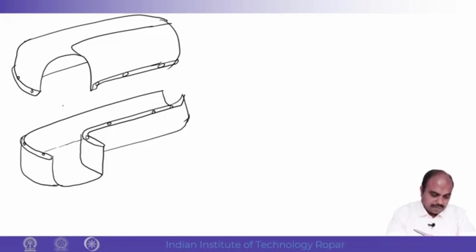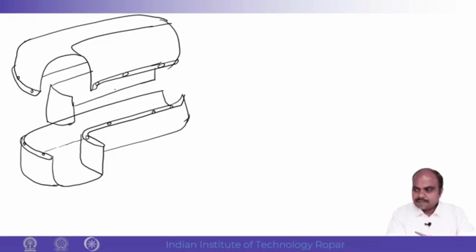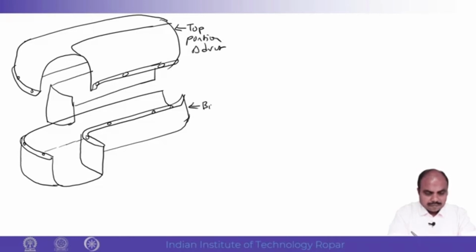Inside there is another component which is going to be like this, which is the separator. Duct, this is. So this is the top portion of the duct, and this is the bottom, and this is the separator.